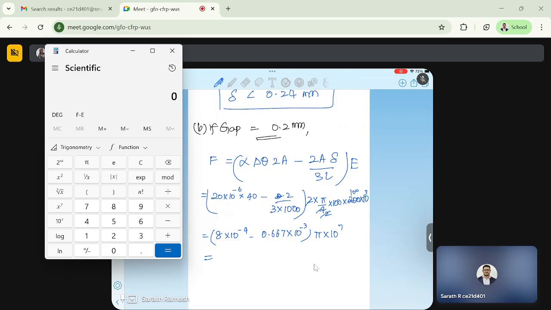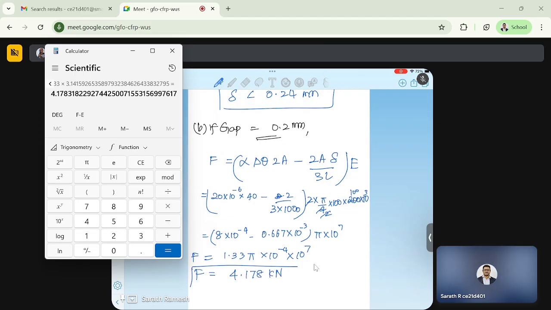So F will be 8 minus 6.67, which is 1.33. 1.33 pi times 10 power minus 4 times 10 power 7, which is 10 power 3 Newton, so kilonewton into pi. 4.178 kilonewtons. Okay, this is F.